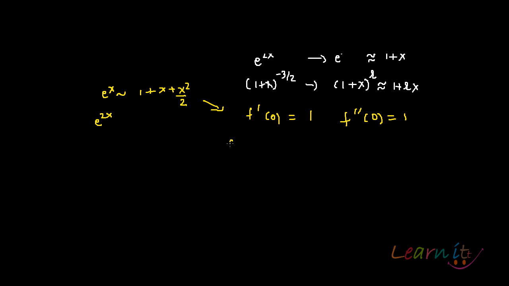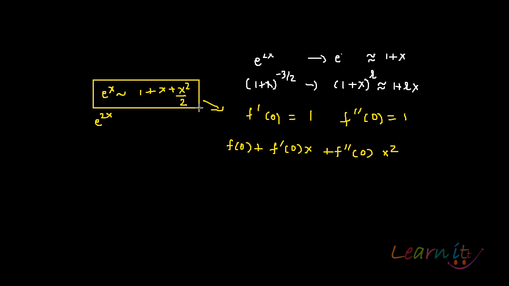So, the quadratic approximation, which is f(0) plus f dash(0) into x plus f double dash(0) by 2 into x square, will give me the following, right.